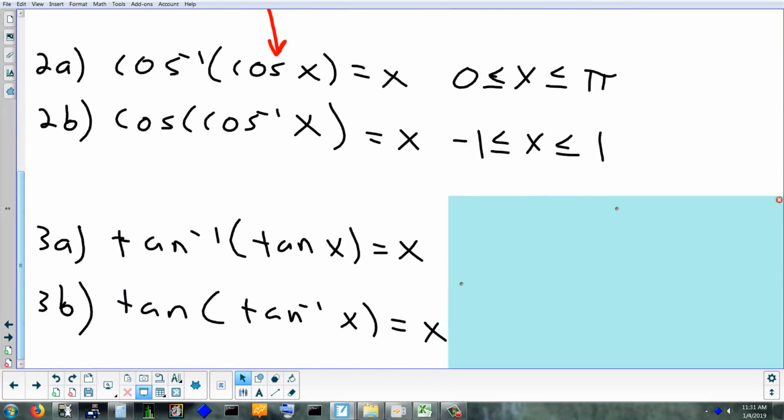Okay. And you could try these with examples on the calculator, but I'm not going to keep trying different numbers. So inverse tangent, regular tangent, cancels each other out. As long as x is between, what's the domain of tangent? Our restricted domain.